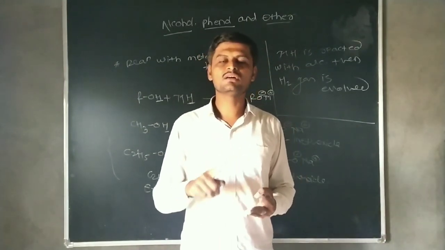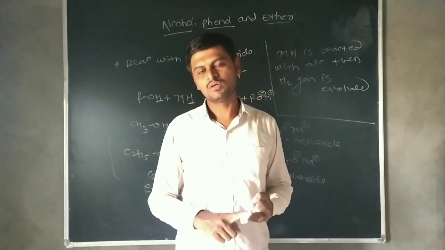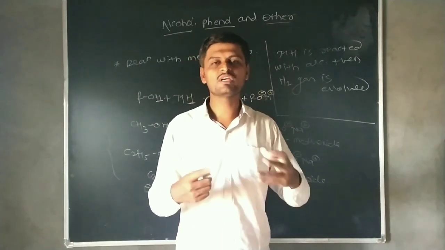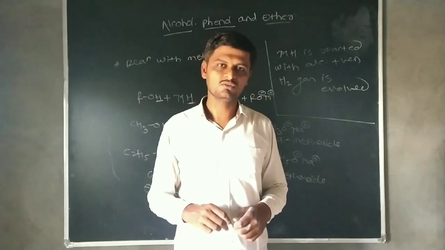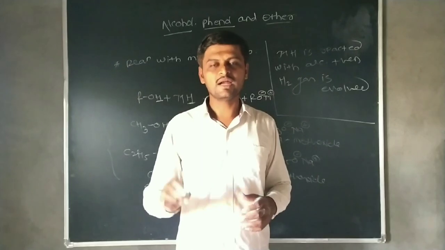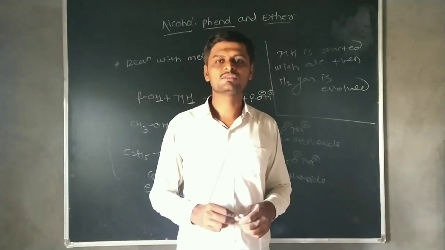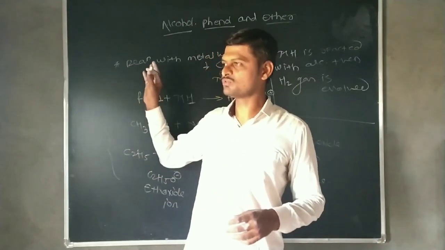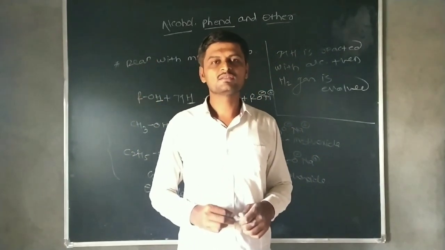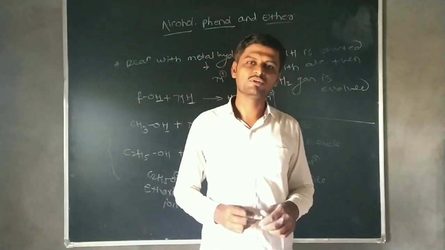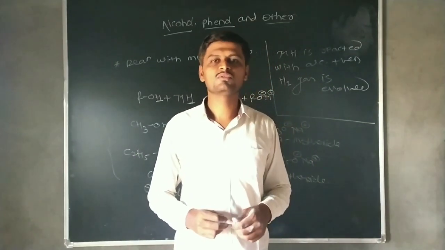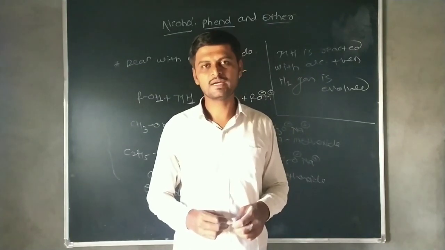Third is acid anhydride reacted with alcohol. By using these three reactions, we can prepare the ester. For better understanding, we write down examples of the preparation of ester. Okay, guys, this is a preparation method of ester. It is one of the parts of cleavage of the OH bond. Okay, guys, thank you.